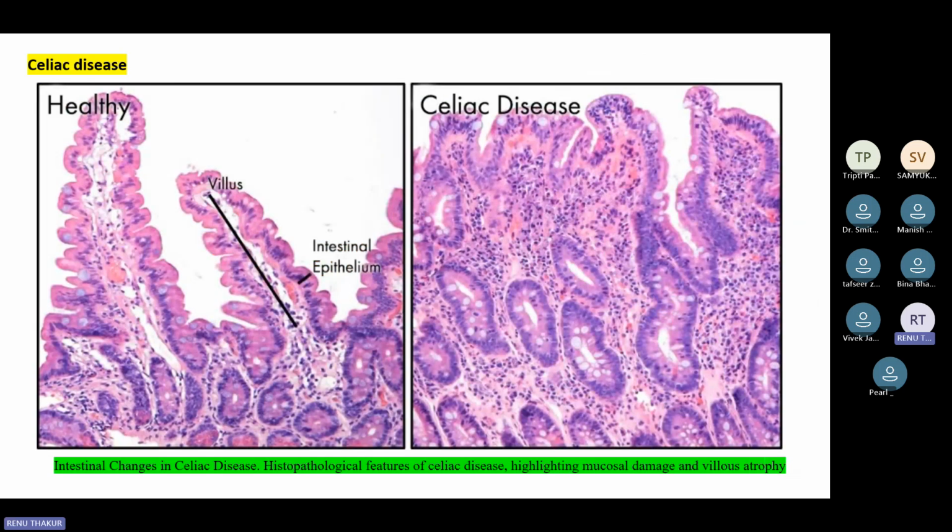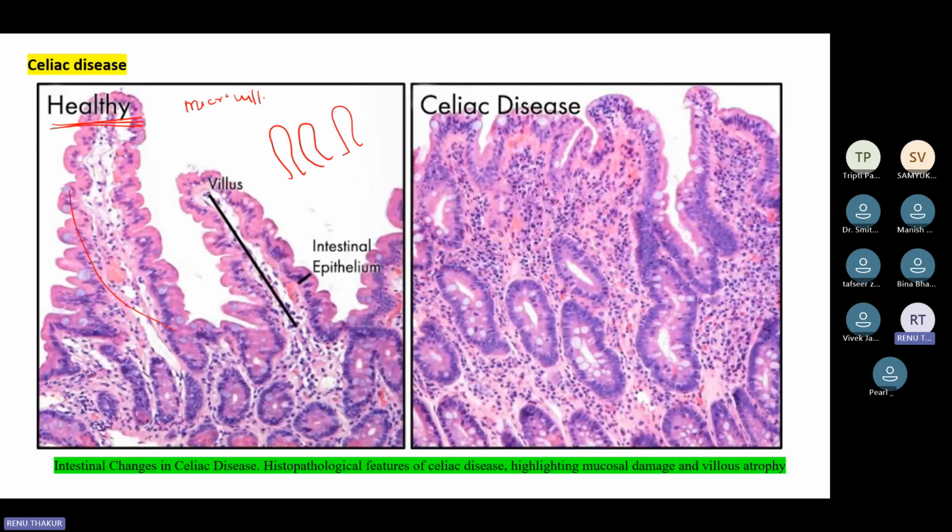So this is also the histopathology of a healthy individual and a celiac disease patient. So you can see this is a healthy individual's villi, microvilli. You can see the normal finger-like projections this way.